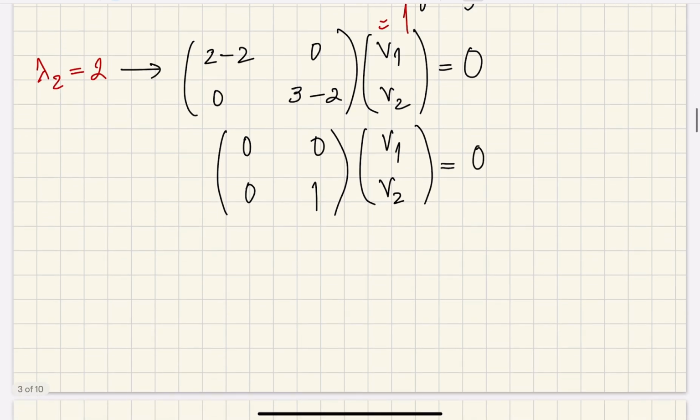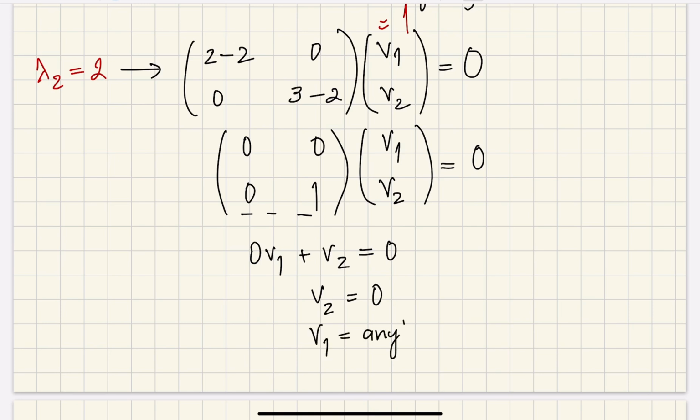Now performing row operations on the second row, we get 0 v1 plus v2 is equal to 0. From here we can see that v2 is equal to 0, and v1 can be anything, with no restriction on it. This time we'll let v1 be 1. So our second eigenvector becomes [1, 0].